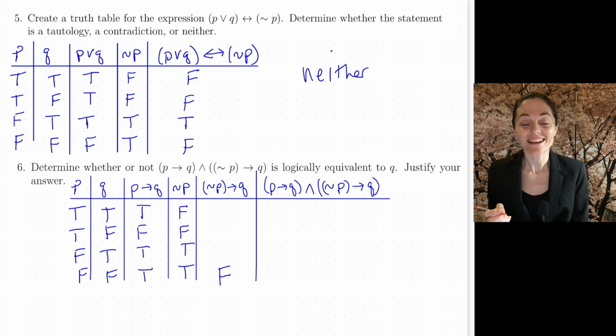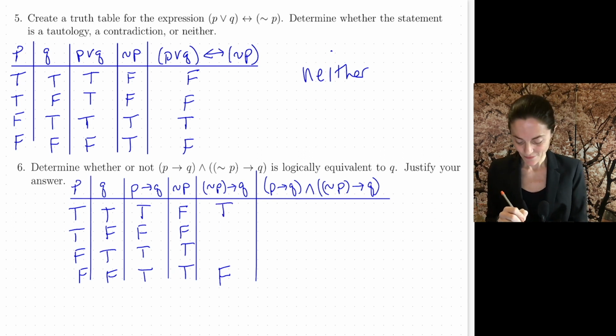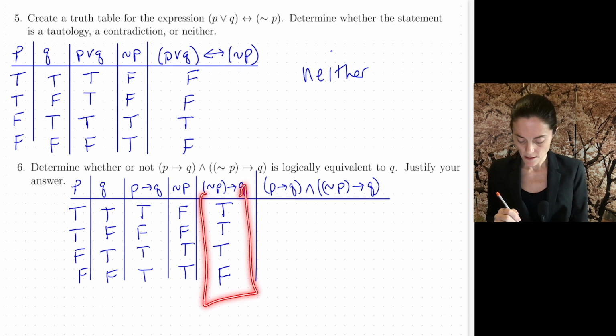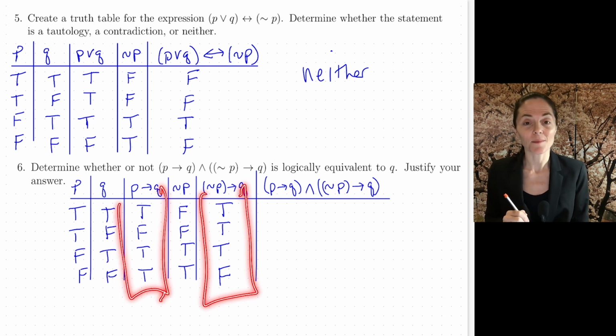The implication is true. Finally, the last step is we have an and. We take this column and we perform and, which is true only when both are true. This happens, we see, in row 1 and row 3.